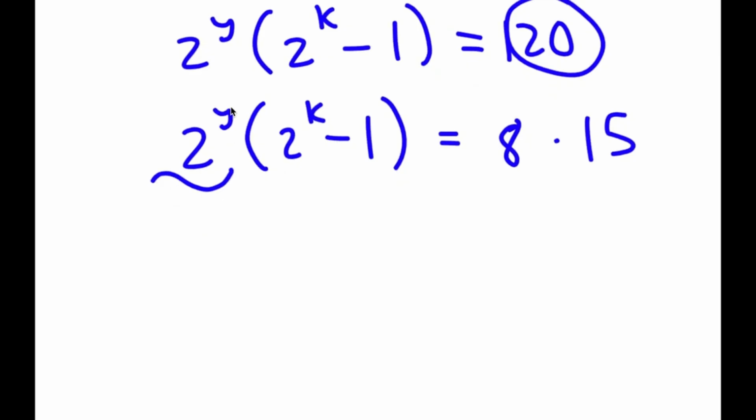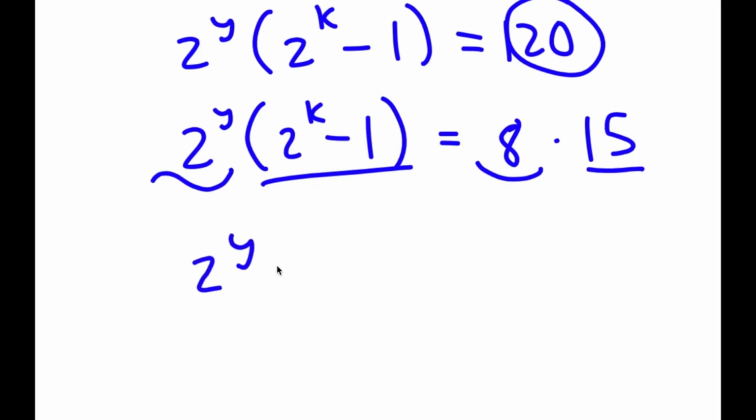We can think of 2 to the power of y as 8 and 2 to the power of k minus 1 as 15. Because 2 to the power of y is going to be an even number, right? 2 to the power of any number is an even number. And 2 to the power of k minus 1, well, 2 to the power of k is an even number, and an even number minus 1 is going to be an odd number. So notice how this is in the form a number times a number is equal to a number times a number, meaning this number is going to equal this number, and this number is equal to this number.